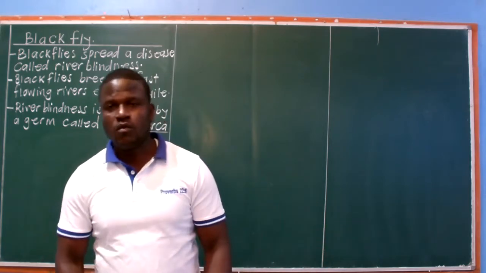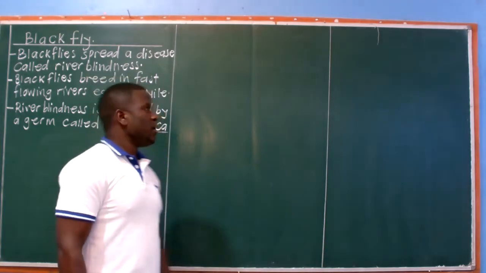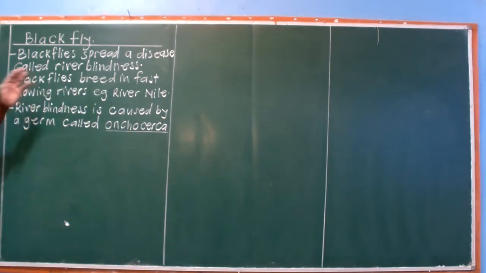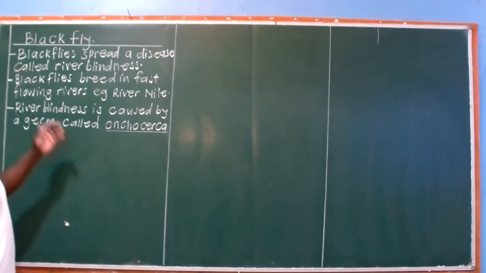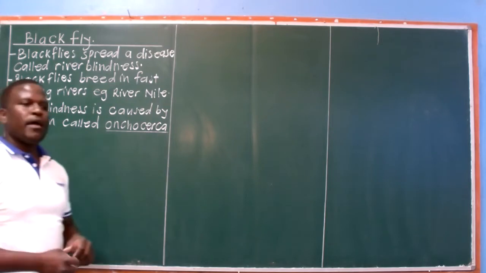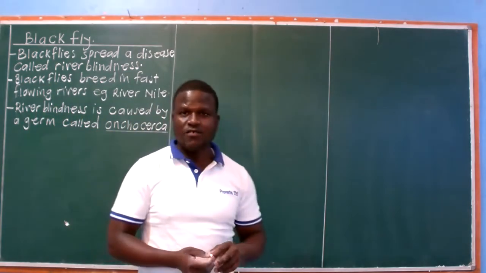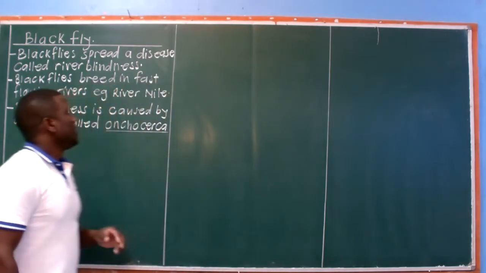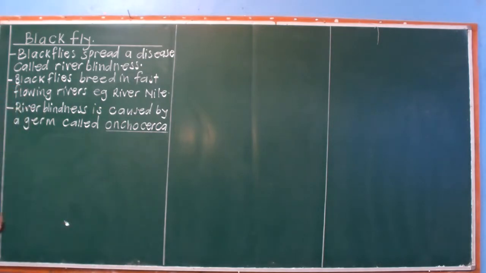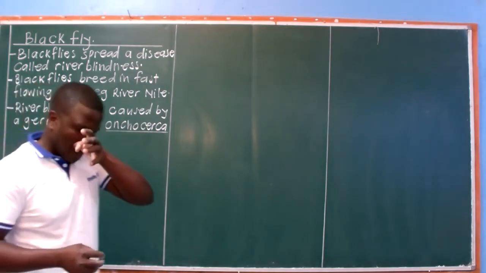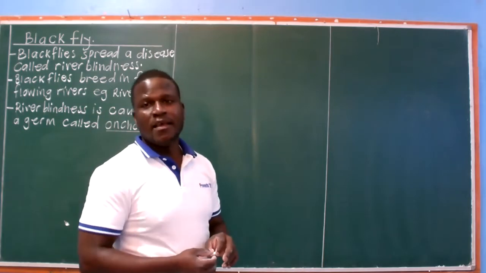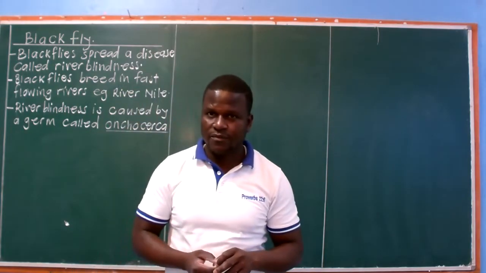So today we are going to look at a vector called black fly. Now, a black fly is a vector that spreads a disease called river blindness. There is a disease called river blindness, and this disease is spread by black flies.